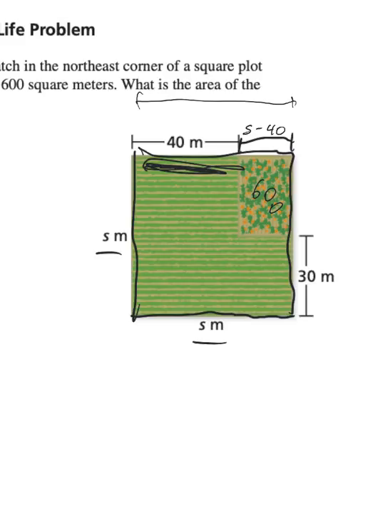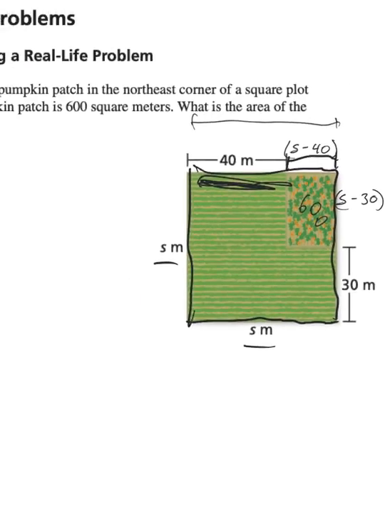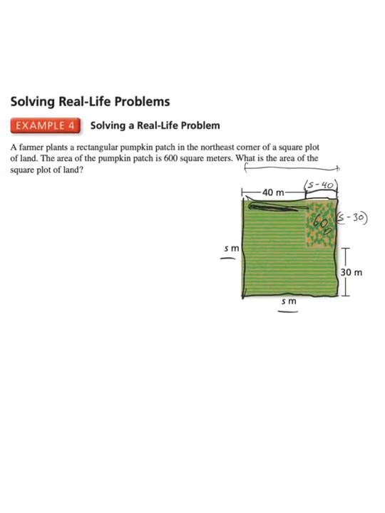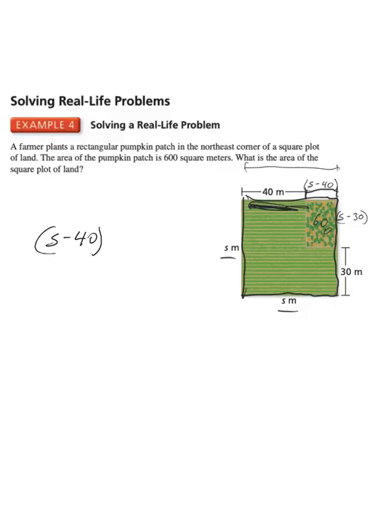Similarly, the length of this is going to be S, the whole length of this thing, minus that 30 meters that's not the pumpkin patch. So if we look at the factors as being the area, we can say now that S minus 40 times the length S minus 30, doesn't matter what order we're in, equals 600.